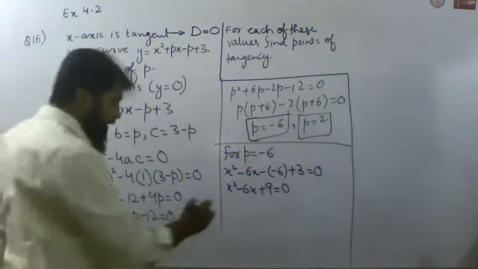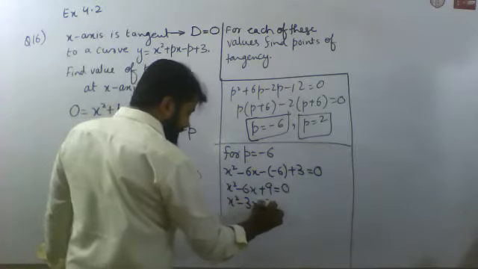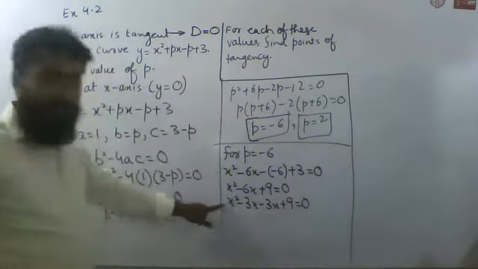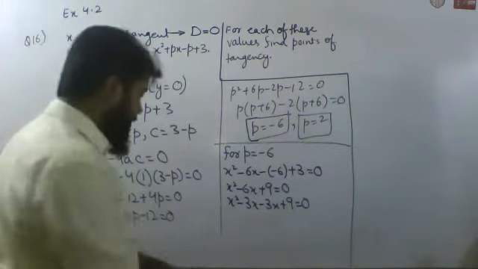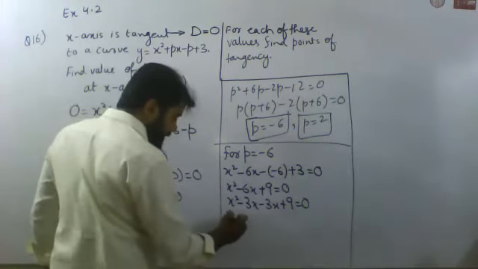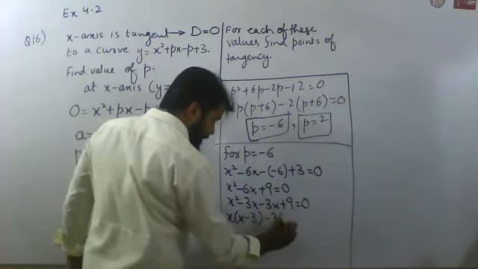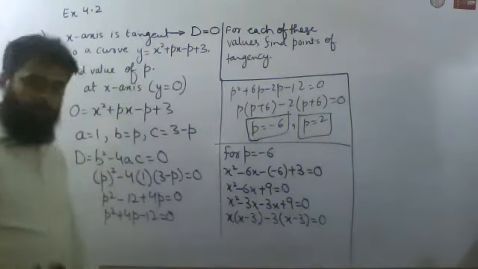Doing middle term breaking, x square minus 3x minus 3x plus 9 equals 0. So x common, x minus 3, minus 3 common, x minus 3 equals 0.